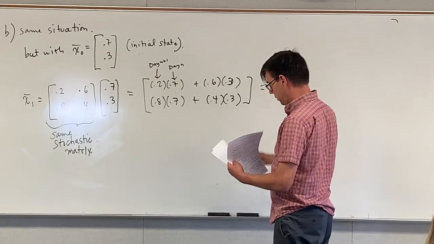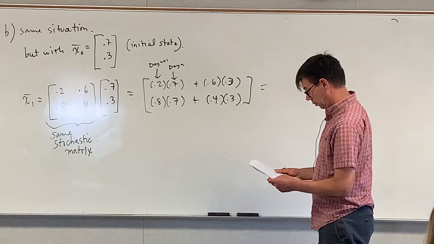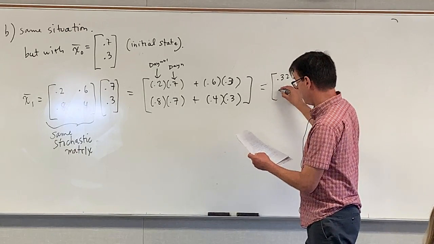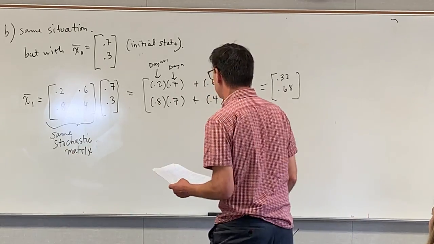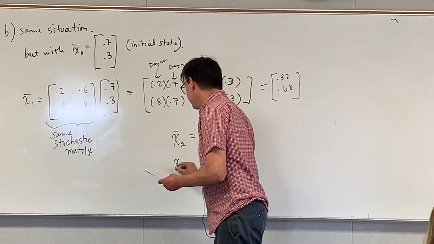And so what does this turn out to be? 0.32, 0.68. I'm just going to write down some values, right?